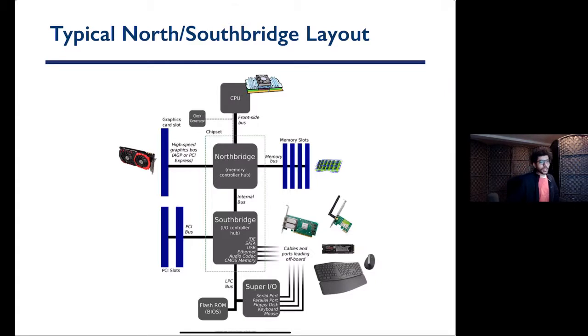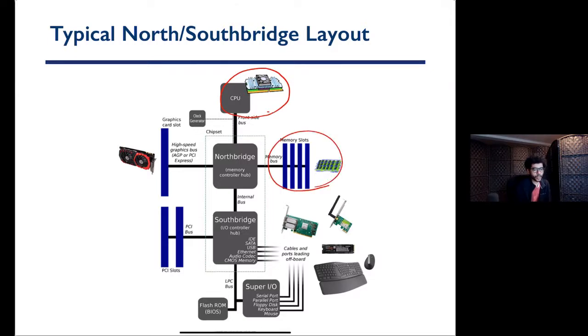Now let's talk a little bit about the architecture of the I/O subsystem in hardware. This is usually what you see in a typical modern system. It's called a north-south bridge layout. The way it works is, you have your CPU here on top, and the main components are the CPU and the memory, really, right?